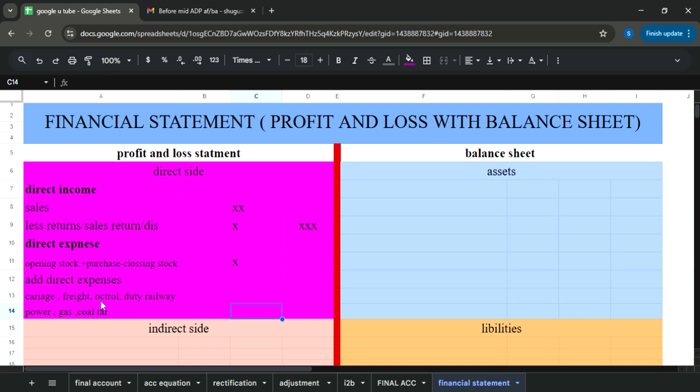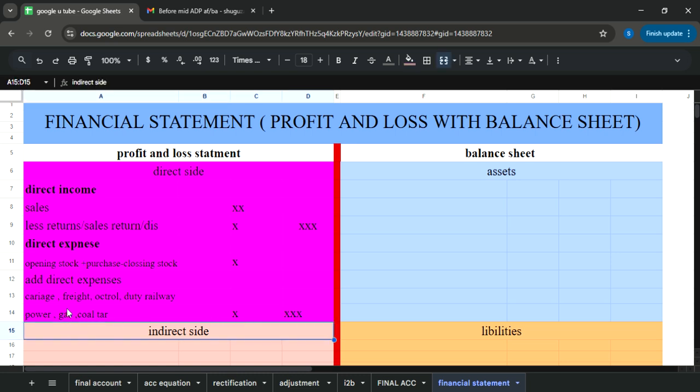Sum them over here, and these direct expenses would be added. Please note it down. All these direct expenses would be added over here, and finally you will get one more statement. This would be opening stock plus purchases minus closing stock, the first amount, and then the sum of all direct expenses you will write over here. Finally, you will get the total cost of production.